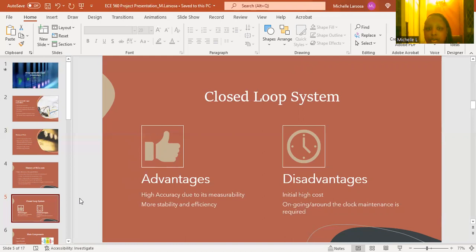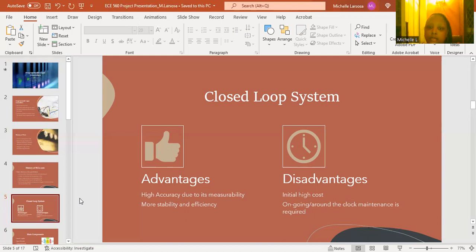The disadvantages for closed loop systems, there are not that many, but the initial cost of implementing a closed loop system is high. It could be in the tens of thousands, if not hundreds of thousands of dollars, because the idea is to have the system so strong and so stable that you want to make sure you have all of the parts that are required and necessary, and the right people to help install and to further monitor and service the system as necessary.